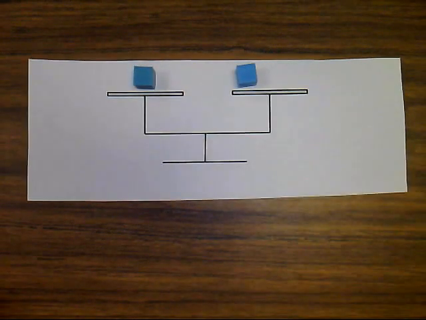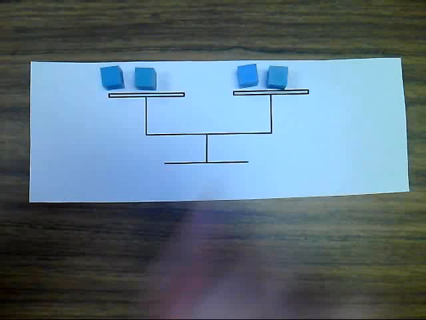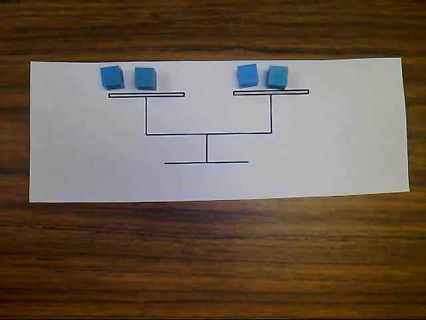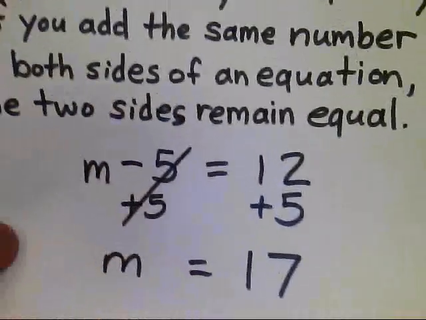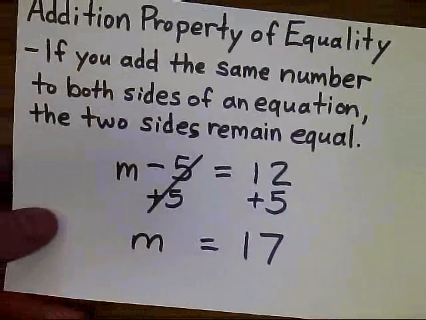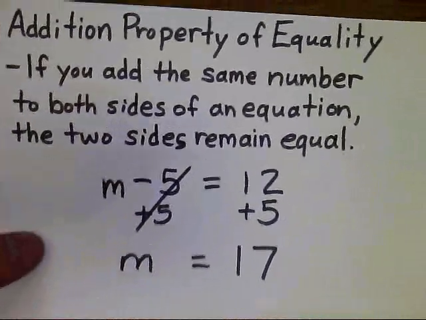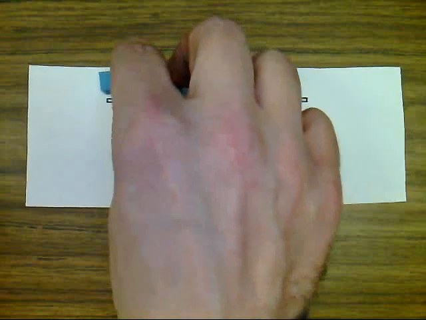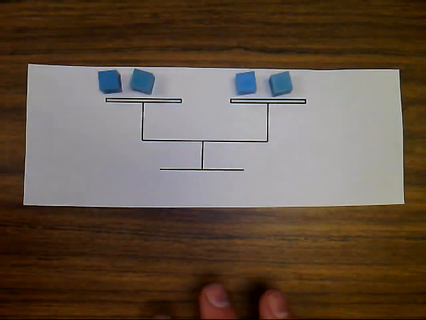And that's the idea. And in the same concept, I could add one to each side, and it would remain balanced. So what we want to understand is when we talk about the addition property of equality, which states if you add the same number to both sides of an equation, the 2 sides remain equal. So here we go. If I add 1 to both sides, it's still going to balance out.